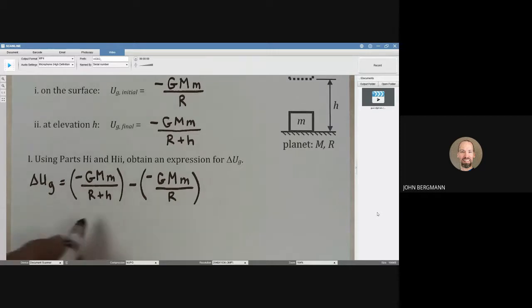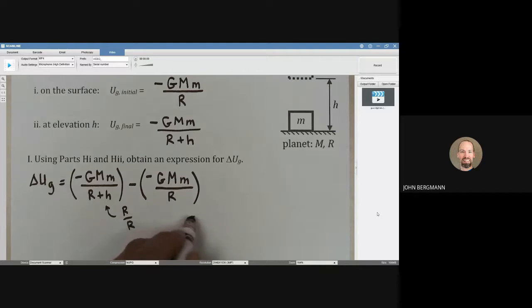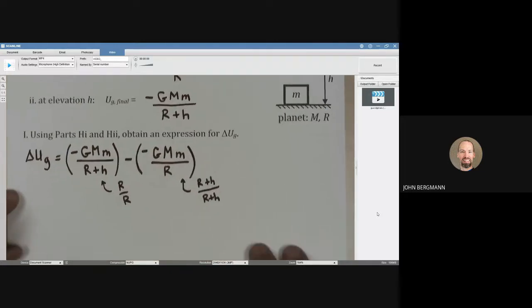That means that I'm going to multiply this thing here by R over R. And then this thing here, won't I multiply by the quantity R plus H over R plus H? Let's see what that gives us.